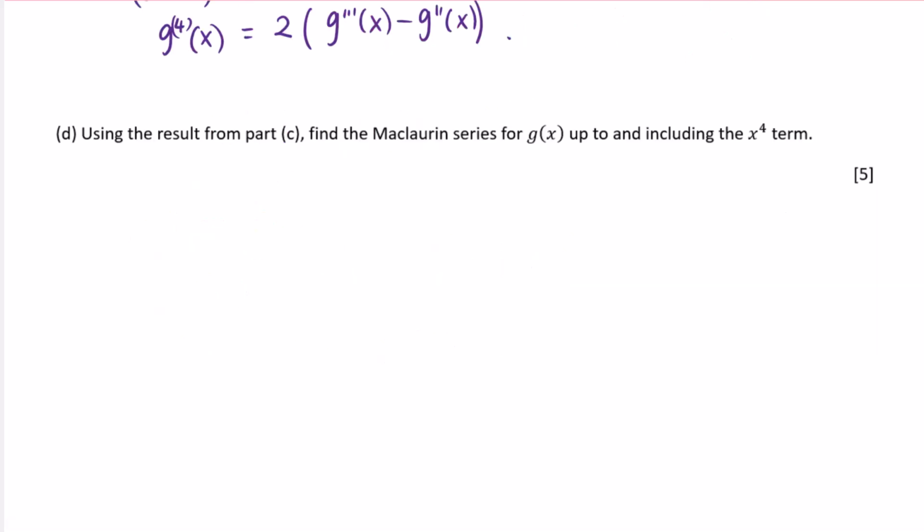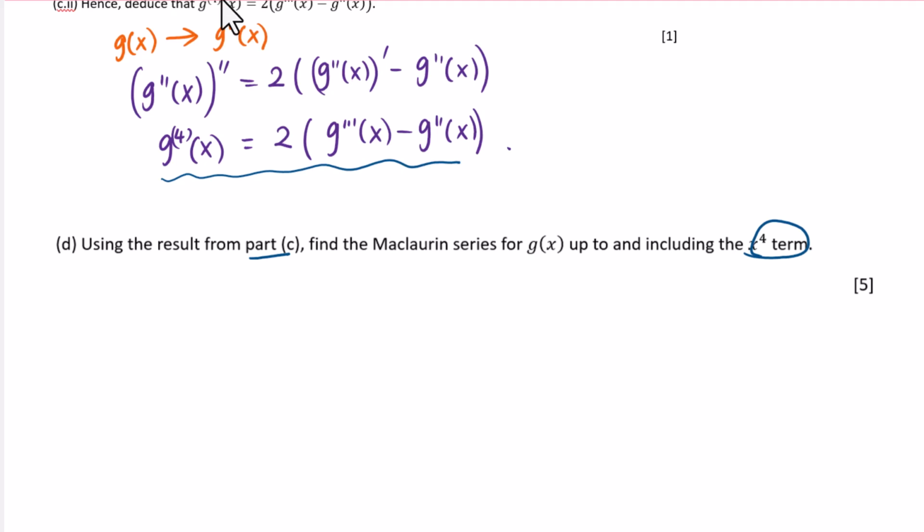D. Use the result from part C, which is this. Find the Maclaurin series for g of x up to and including the x to the fourth power. From previous questions, we got g of x equals e to the x power times cosine x.